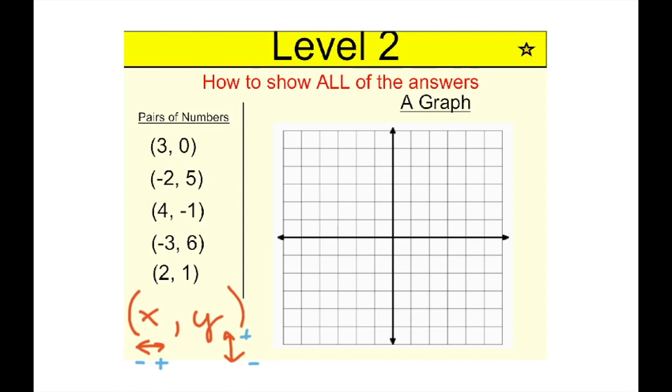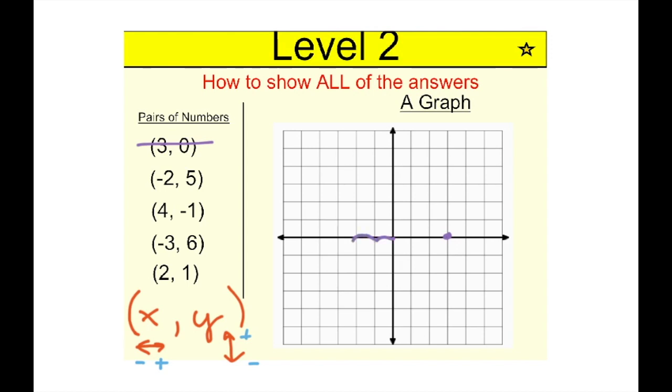So let's do these ordered pairs. I guess there's 5 of them. We already graphed 3, 0, so I am just going to put the dot right there and cross it off. Next, I'm going to graph -2, 5. So -2, I'm going to start at 0, 0, and I'm going to go backwards 1, 2.